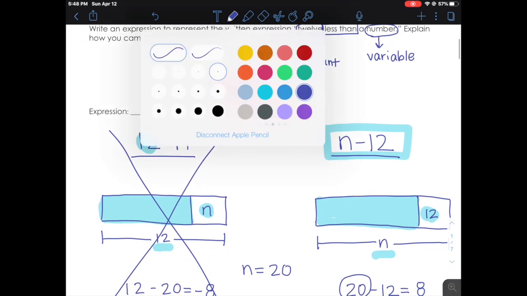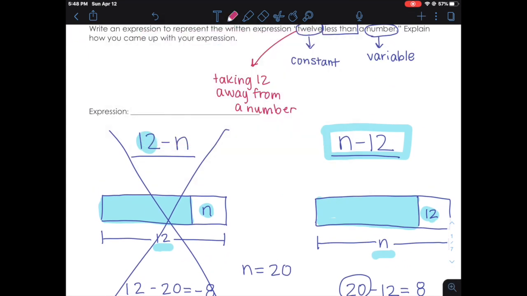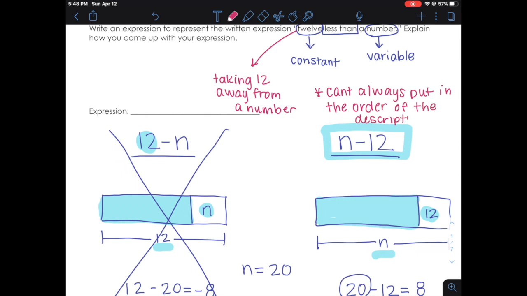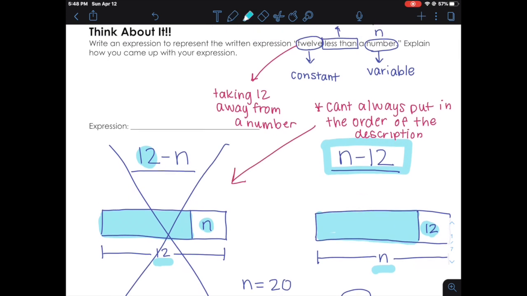It's important to note, guys, that you can't always go in the order that's written in the description. And that's what we did on this problem, because if you look at the order, it says 12, then less than, we said that would be subtraction, then a number n.